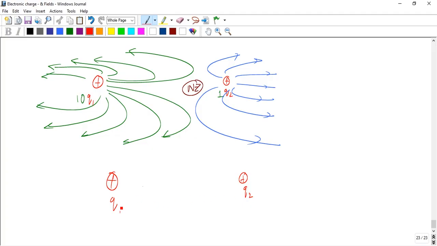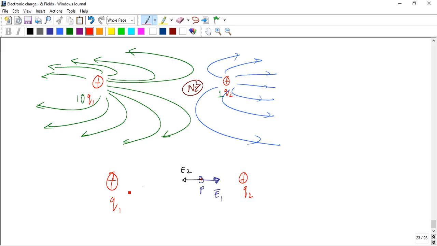You may consider Q1 and Q2 to have the same charge. Now calculate the electric field at point P. Due to Q1, the field at point P is in that direction, E1. Similarly, due to Q2, the field in that direction is E2.